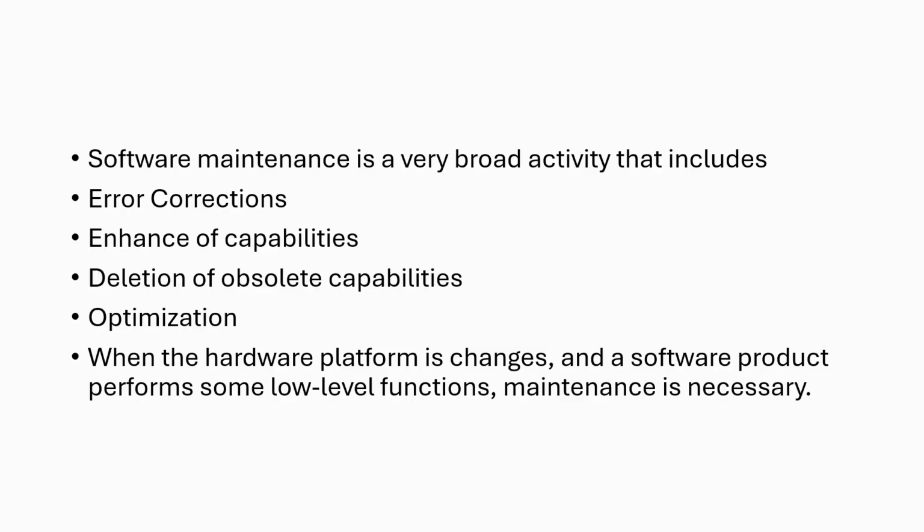So software maintenance is a broad term that includes error correction, enhancement of capabilities, deletion of obsolete features, and optimization for better maintenance or performance. So think of it like maintaining your car.